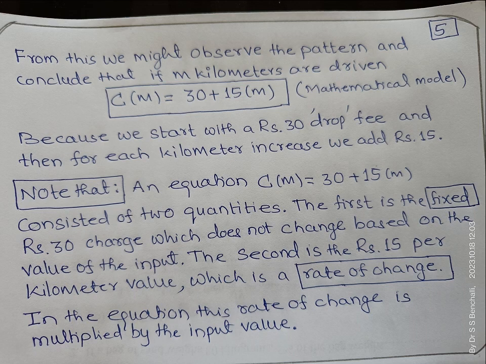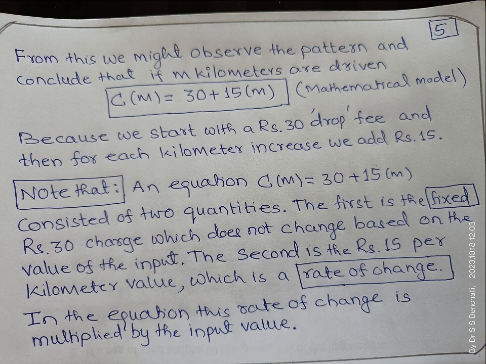Here, we want to note that the equation c of m is equal to 30 plus 15 times m consists of two quantities. What are those two quantities? The first one is the fixed 30 rupees charge, which does not change based on the value of the input. The second is the 15 rupees per kilometer value, which is the rate of change.